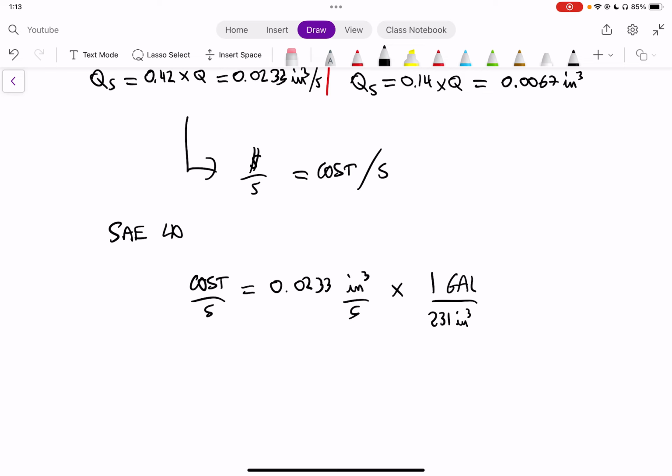Then we have $400.99 divided by 55 gallons. The units will cancel, and I'll end up with dollars per second. That gives me a value of 0.000735 dollars per second.